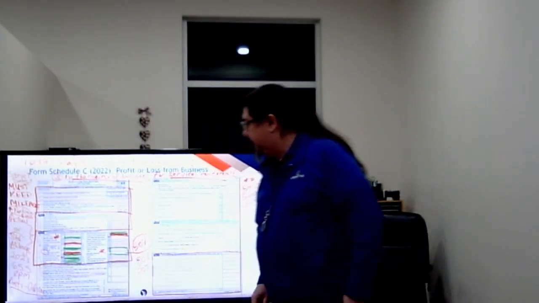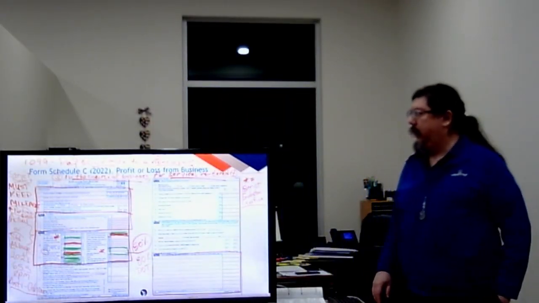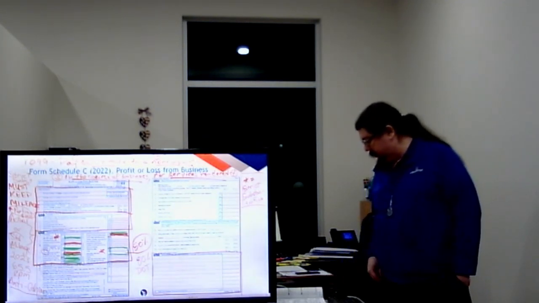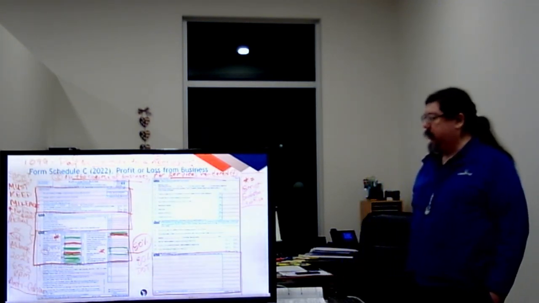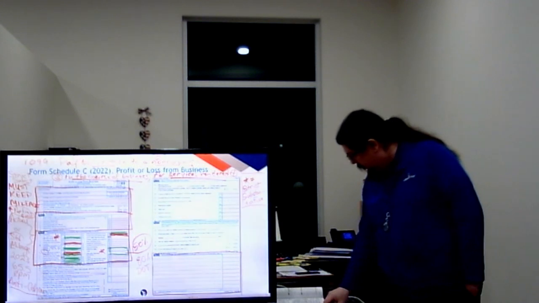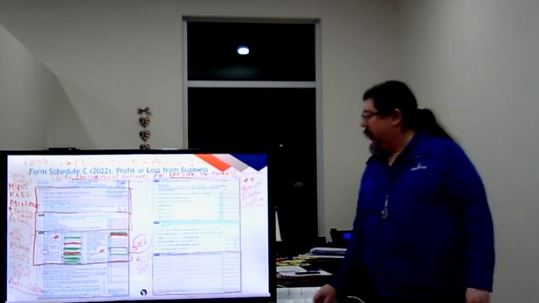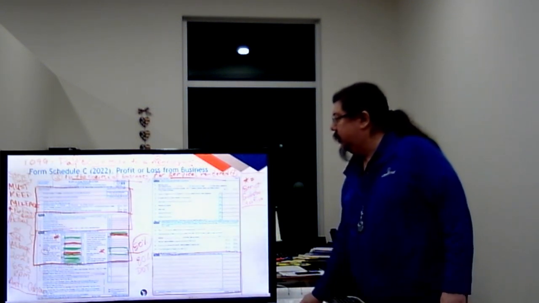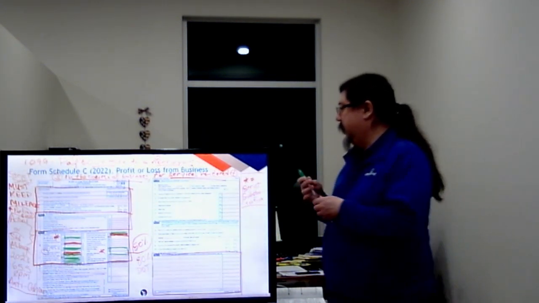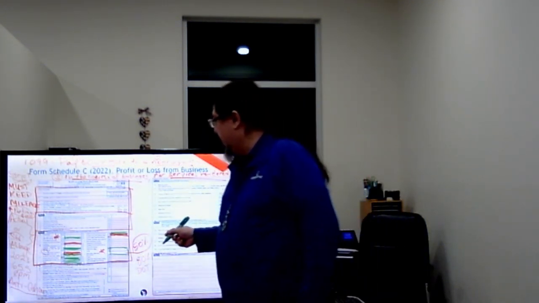We finished up talking about lines 24A and B on Schedule C, which was travel and deductible meals. And we're moving on now. Line 25 is utilities. And we'll note that the utilities are, let's see, I'm highlighting in green the ones that are fairly common.